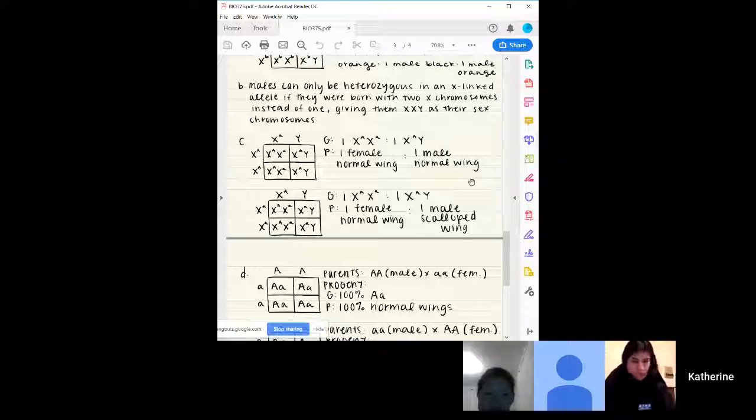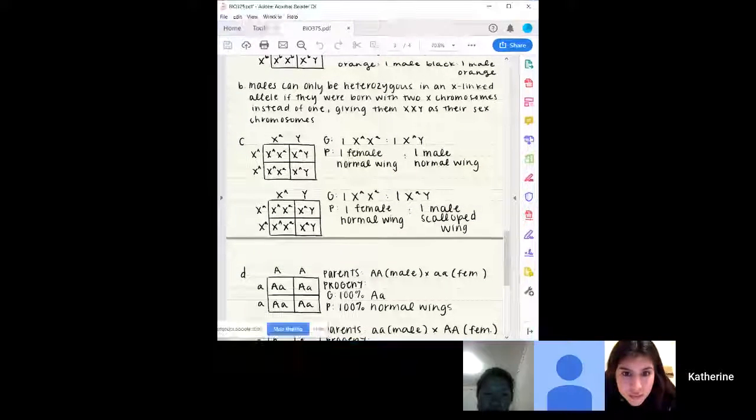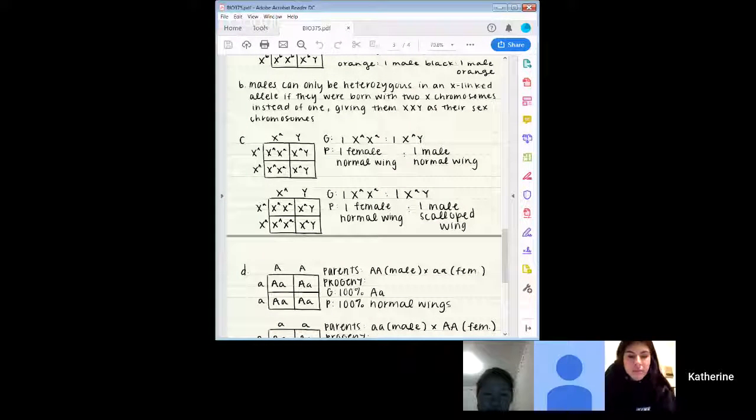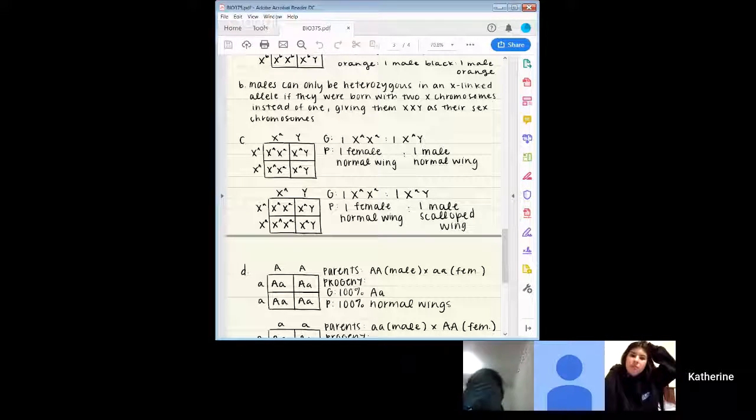So you can see that the phenotypes changed between these tests. And so I believe that means that they are X-linked if the phenotypes change when you do the test cross.